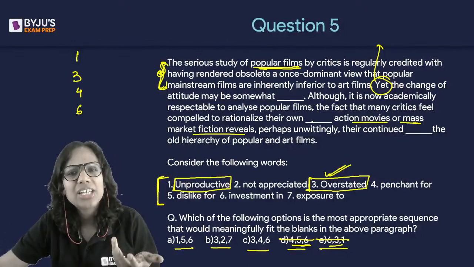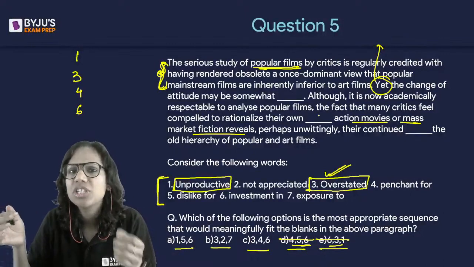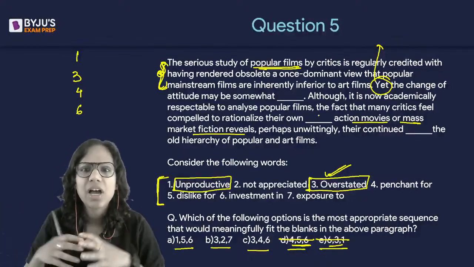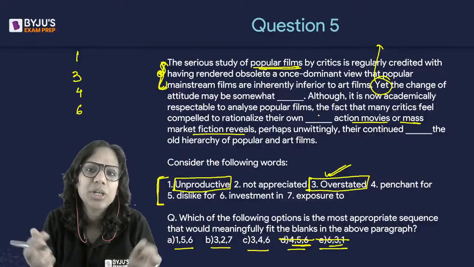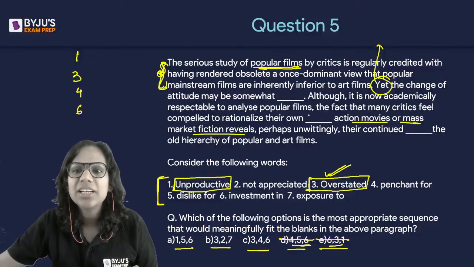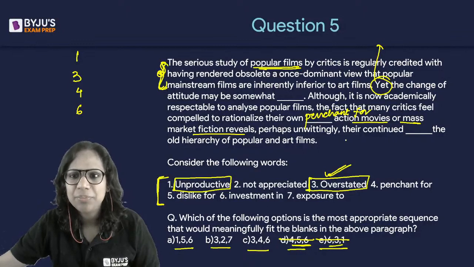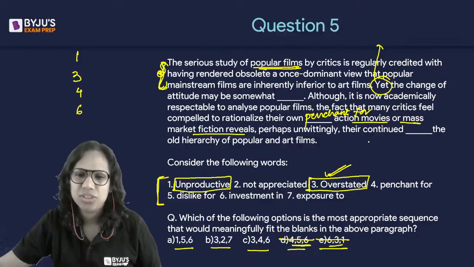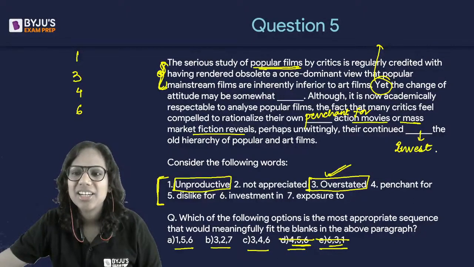So why rationalize it, why justify it to others? If you feel that mainstream movies like action movies, mass market movies, are as good as art movies, then as a critic you should not feel the need to justify to others that you like action movies or mass market movies. So the fact that you feel this need to justify your liking for them, it shows continued investment in the old hierarchy.